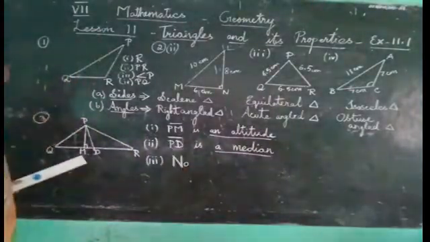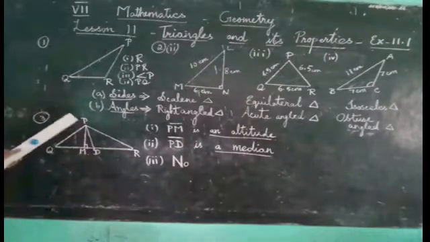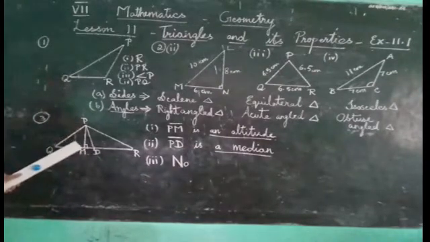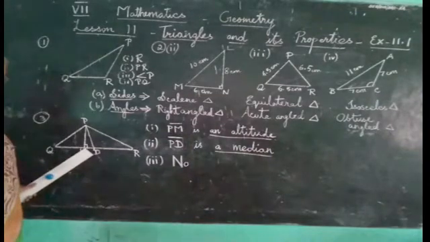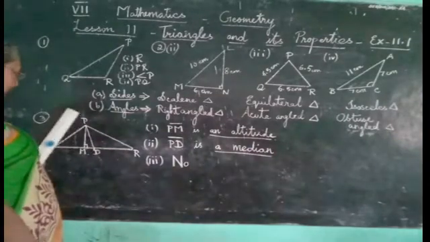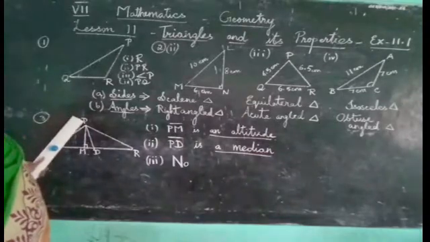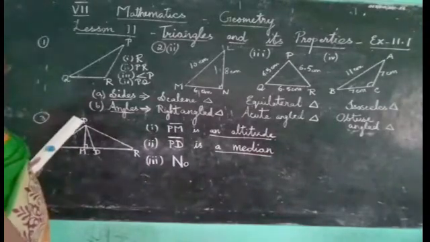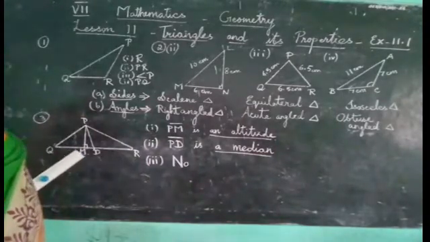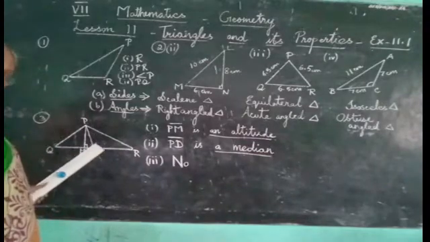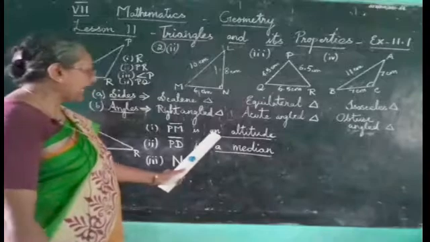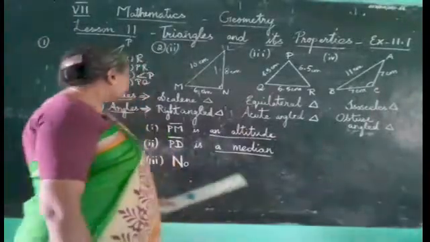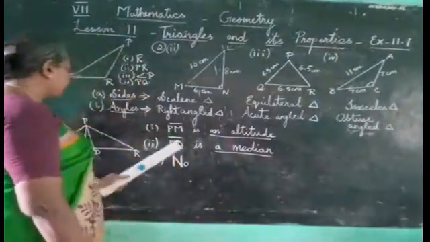Here PM, that means M is drawn from P to M, and the notation of perpendicular is given. So PM is a perpendicular drawn from P to QR, vertex P to QR. So it is the altitude. Therefore PM is an altitude. Next one, what is PD?